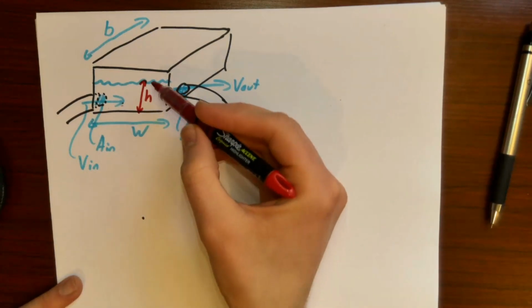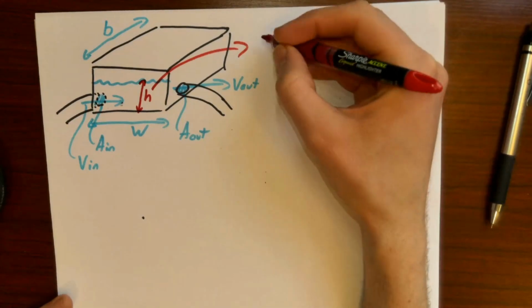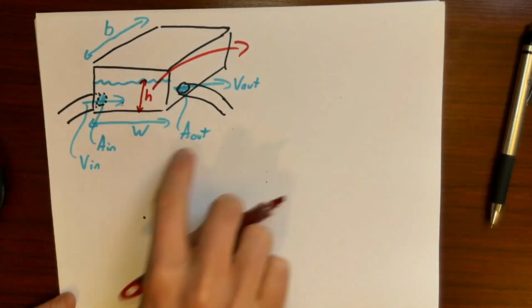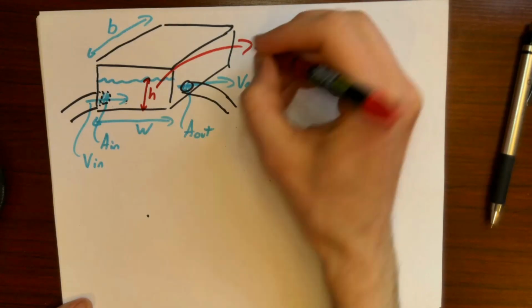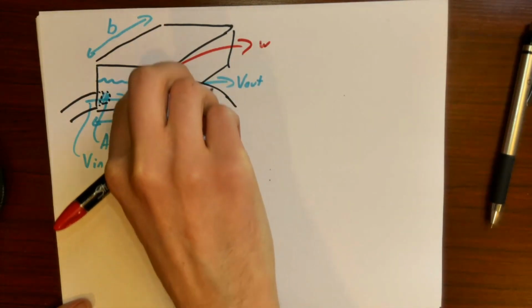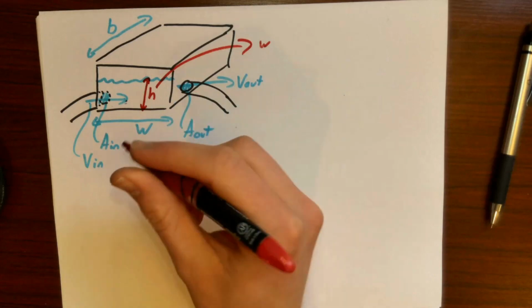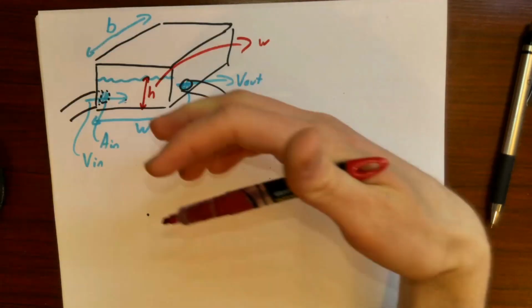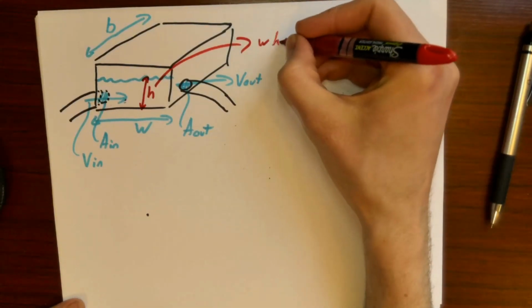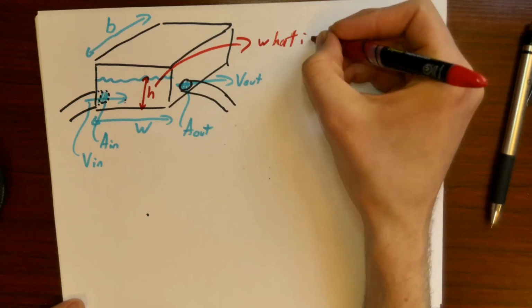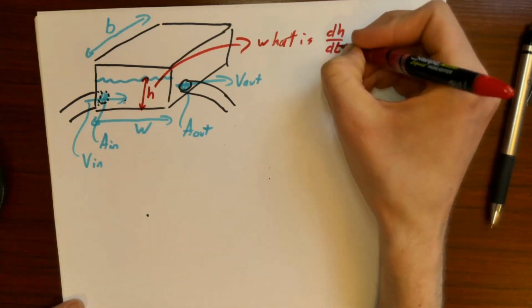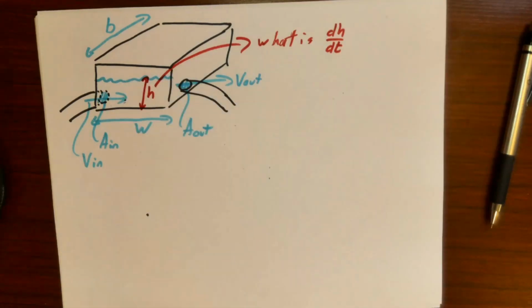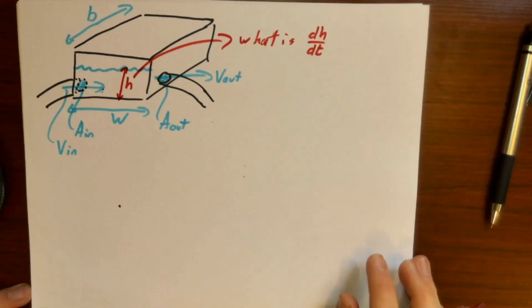Most importantly, what we want to figure out is, based on these flow rates in and out, what is the time rate of change? How quickly is this height going up or down? Is the height changing rapidly, or slowly? Our goal is dH dt, the time rate of change of the height of fluid in the tank.